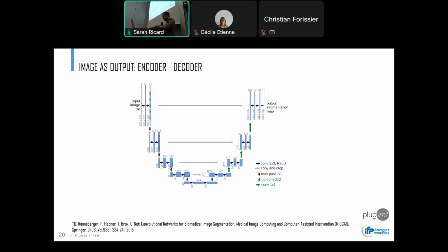So I have spoken a lot about convolutional networks, and I took examples where I transform an image to a vector. At the beginning of my lecture, I explained that I can also transform an image to an image. So now I will give you the idea to obtain an image from an image.